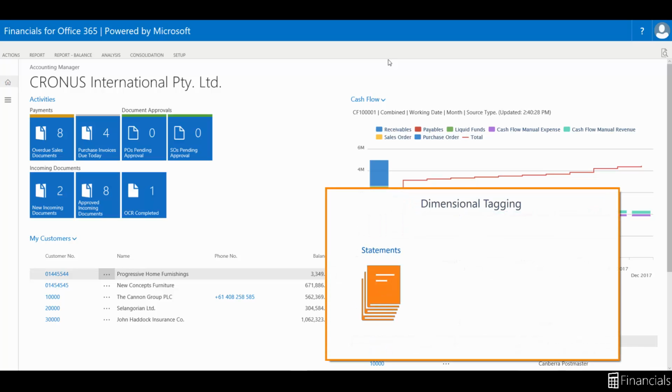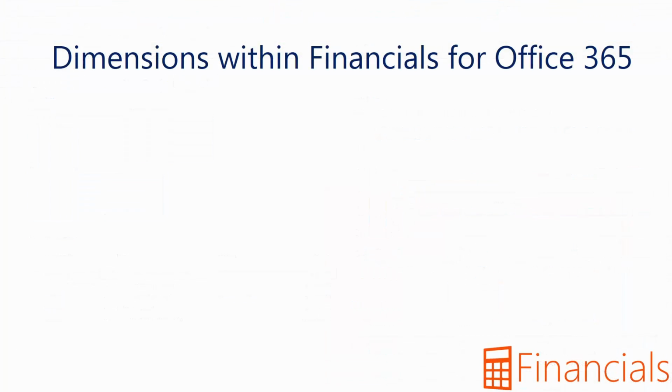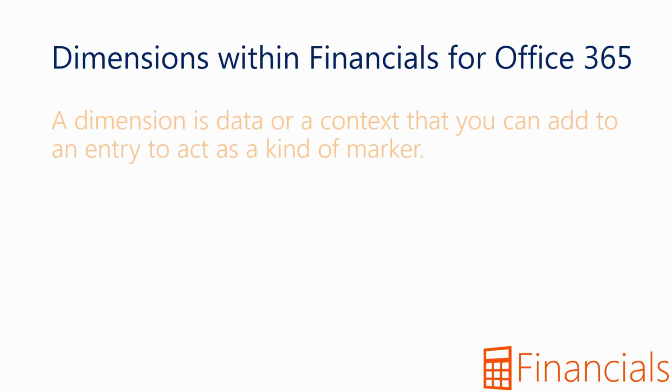It is often necessary to create statements, statistics, and analysis that are extracts of the complete financial statements. Dimensional tagging allows us to slice and dice your data with relative ease, generating all three forms of insight into your business. A dimension is data or a context that you add to an entry to act as a kind of marker.